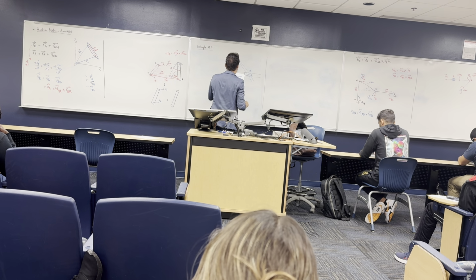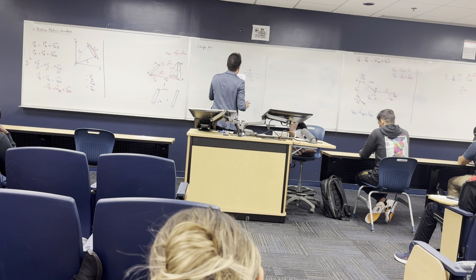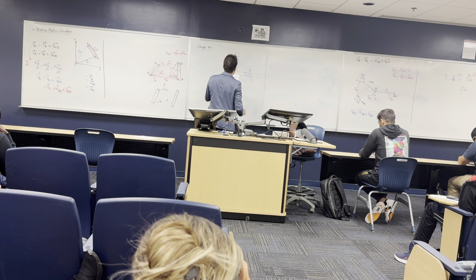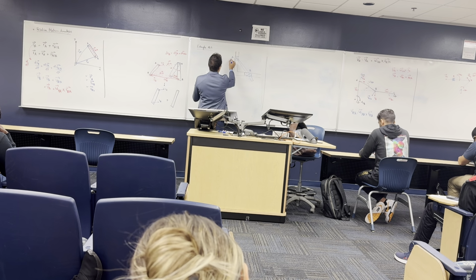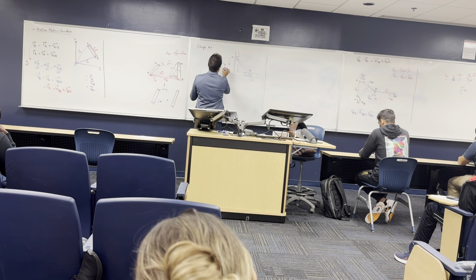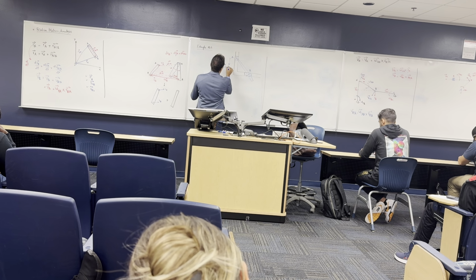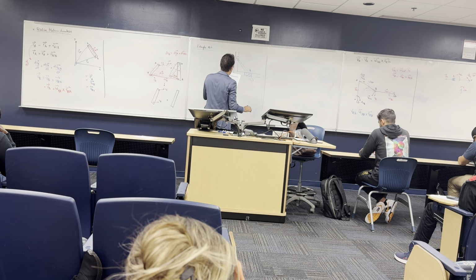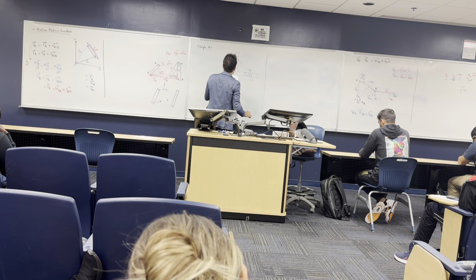It says this link is bounded by the blocks A and B, which move in fixed slots. The velocity VA is 2 meters per second downward. So this is VA equal to 2 meters per second, going down. Determine the velocity VB when theta is equal to 45 degrees.